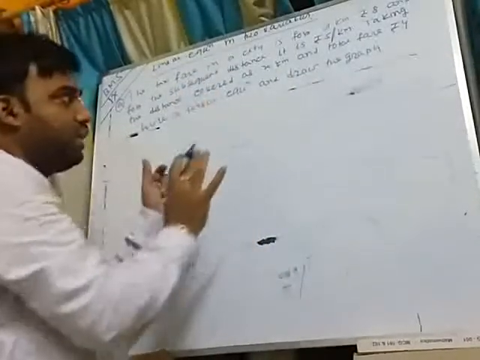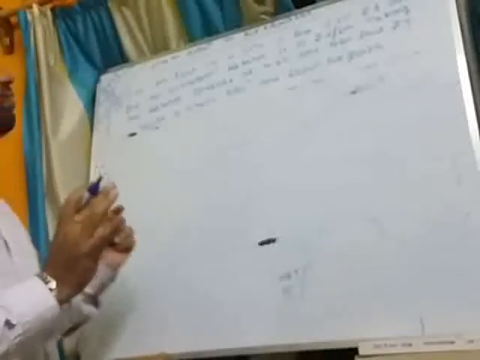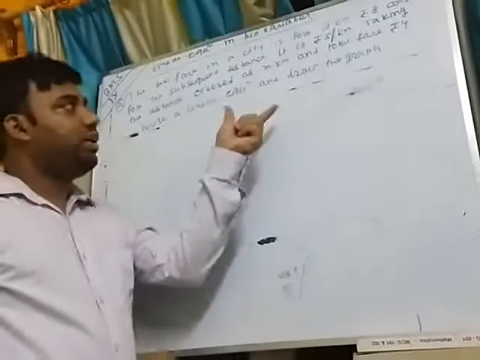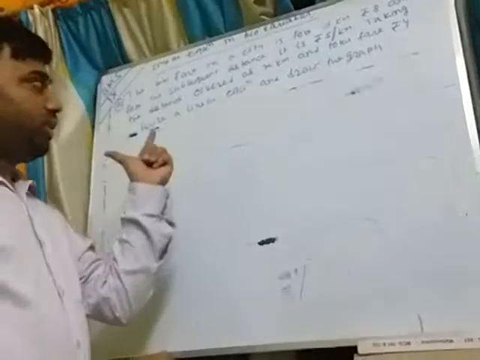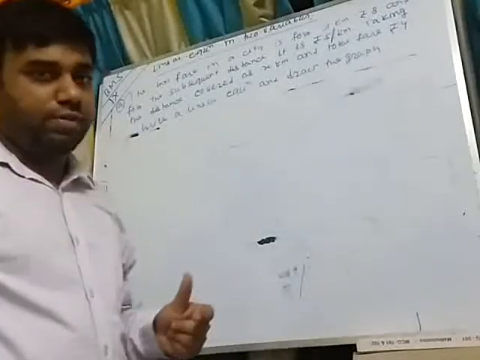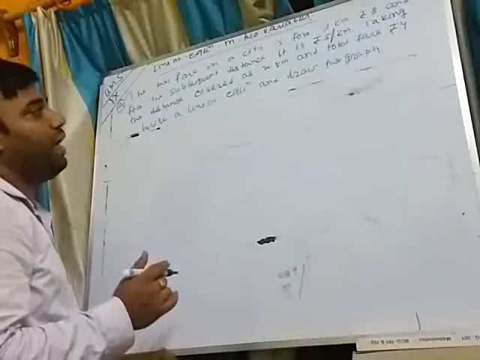This sum is related to the taxi fare and the distance. With that information you have to make a linear equation, and that equation is represented in the graph. That means we have to draw a line.